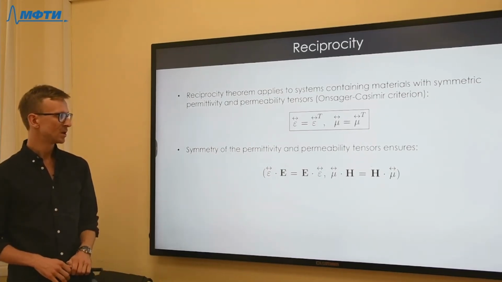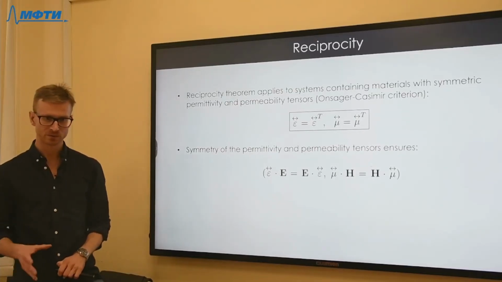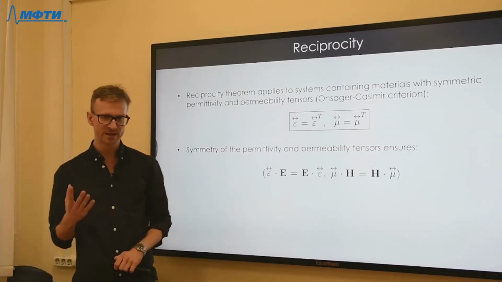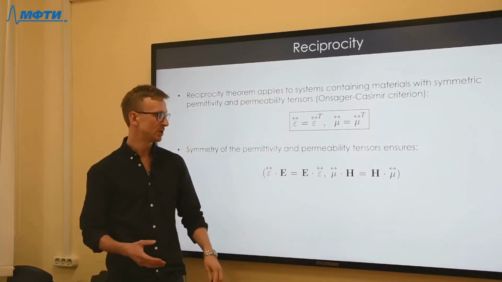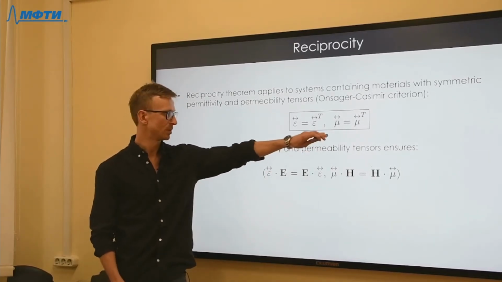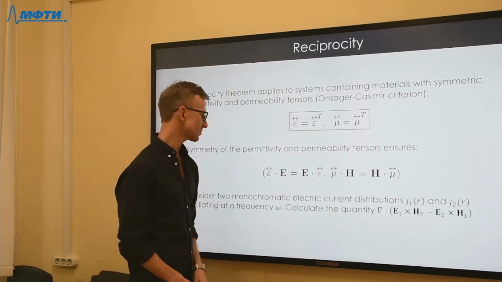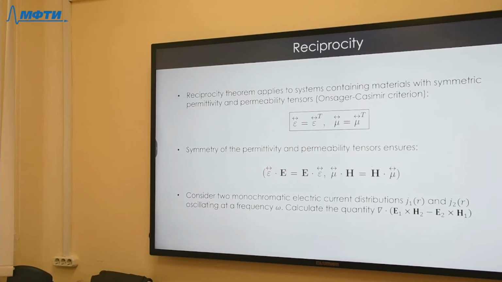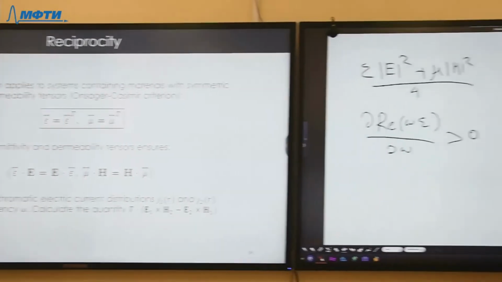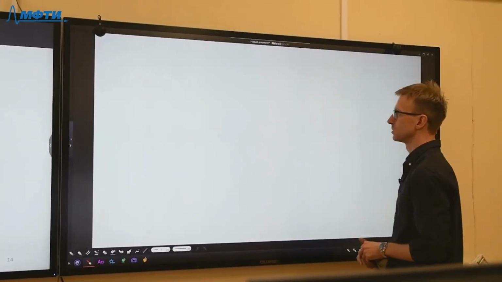Now, how do we actually obtain reciprocity and the key identity that expresses it? It is very similar to how we obtain the Poynting theorem. We're going to calculate the following quantity using Maxwell's equations. Let's say we have two arbitrary systems of currents.